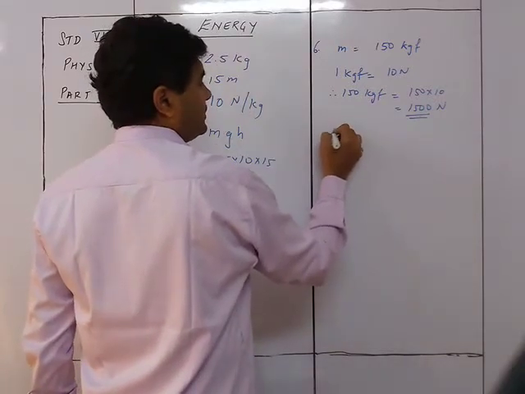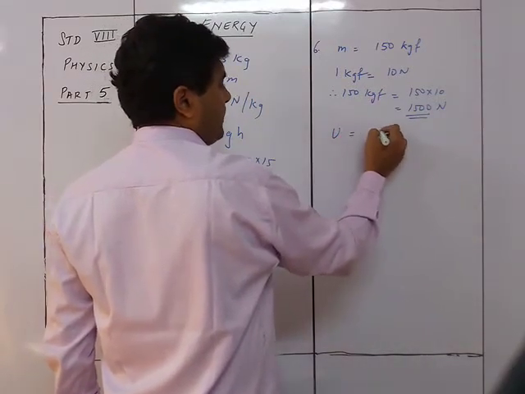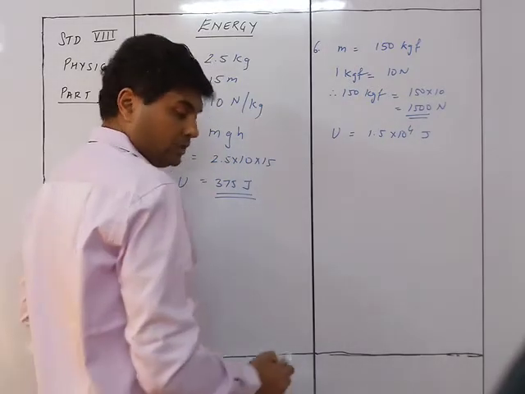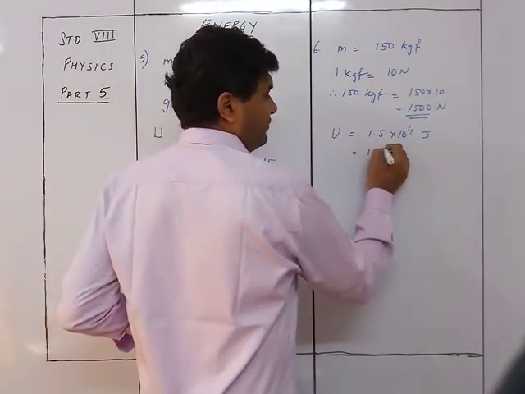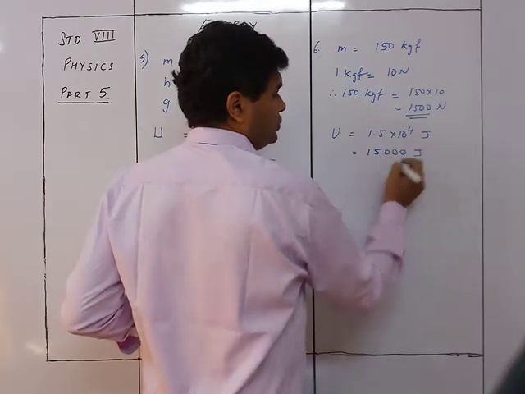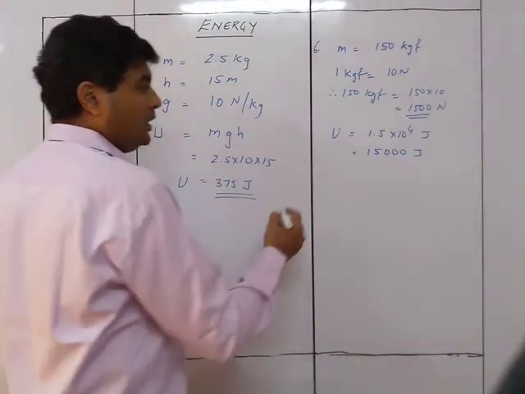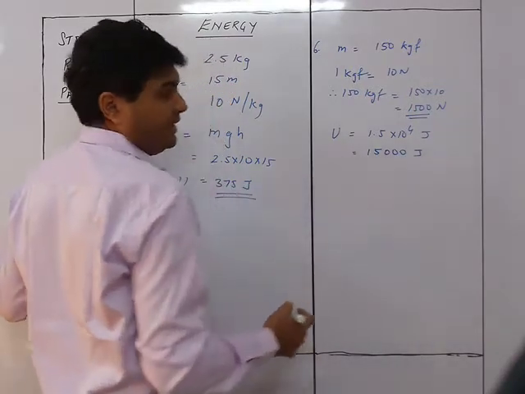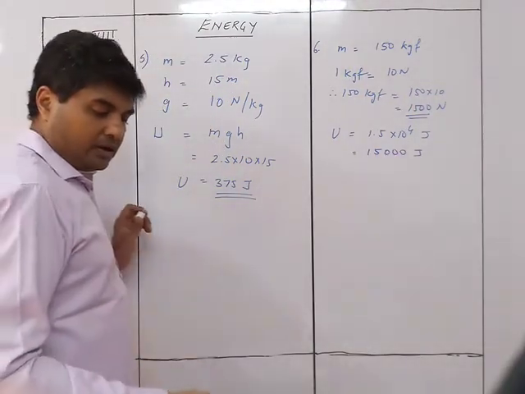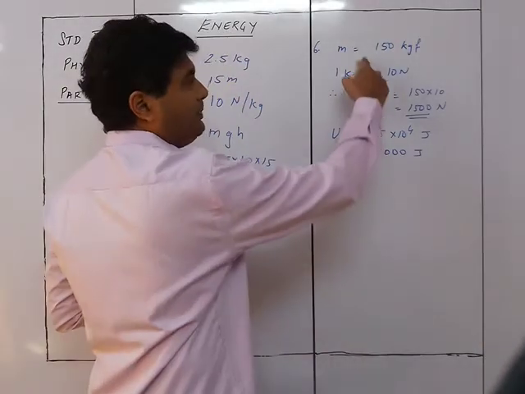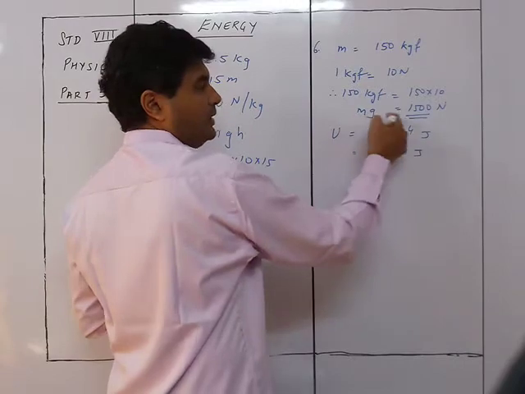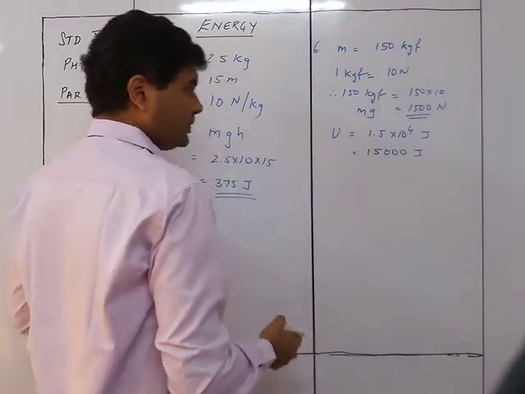You are given that the potential energy is 1.5 into 10 raised to 4 joule, that is nothing but 15 and 3 zeros joule. We need to find out the H. M into G is already taken over here, so M into G is equal to 1500.